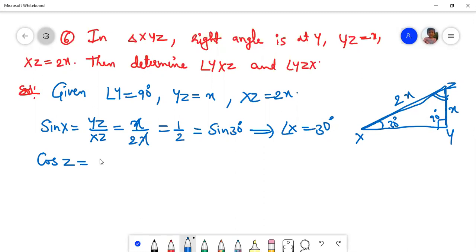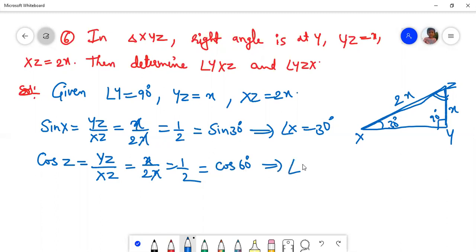So from the cos trigonometric ratio, YZ by XZ is equal to X by 2X. X and X cancel, it is 1 by 2. It is equal to cos of 60 degrees. That is nothing but cos Z equal to cos 60. Then angle Z is equal to 60 degrees.